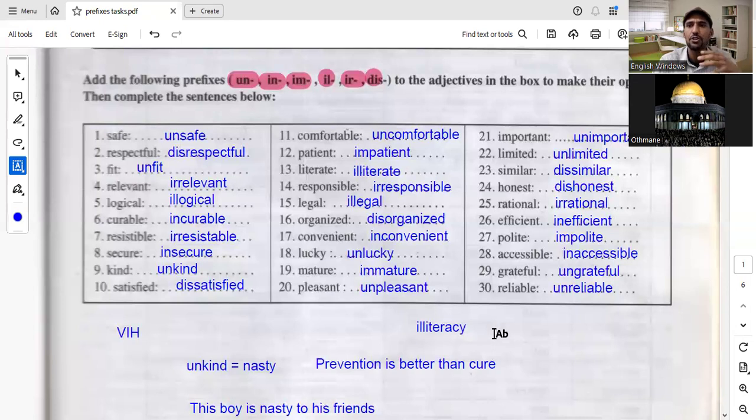I mean, it's a product that you can rely on, a high quality product. It's reliable, you can depend on it. Unreliable means don't trust it, you shouldn't rely on it, right?